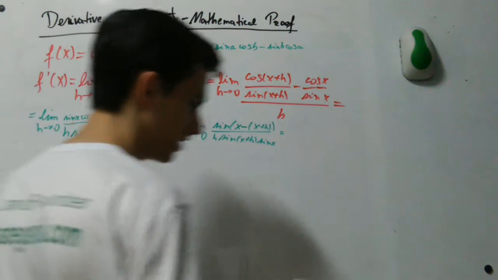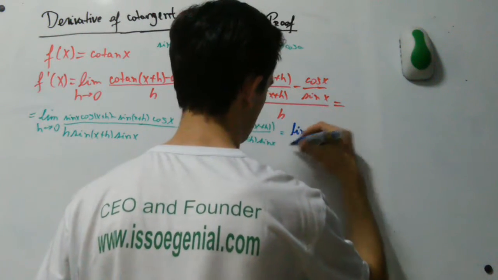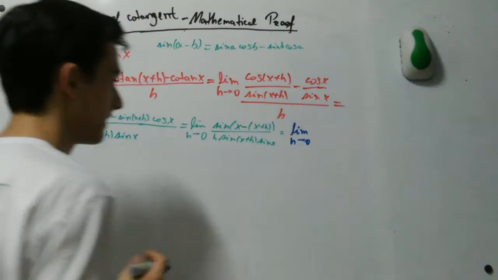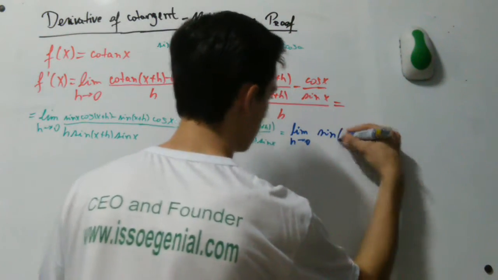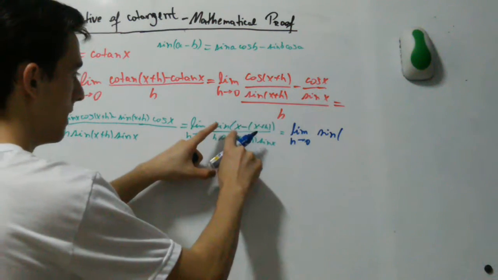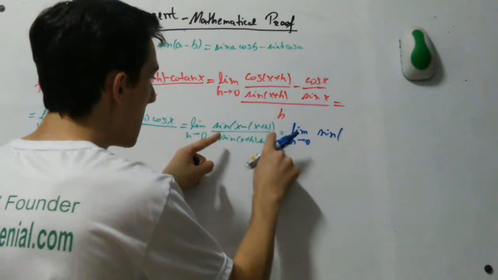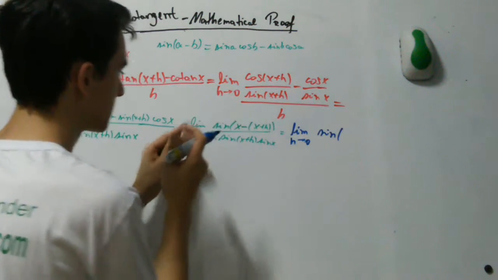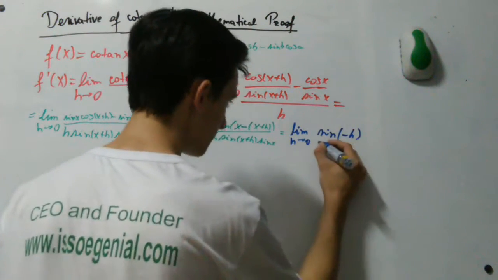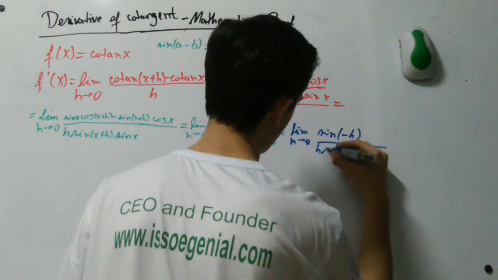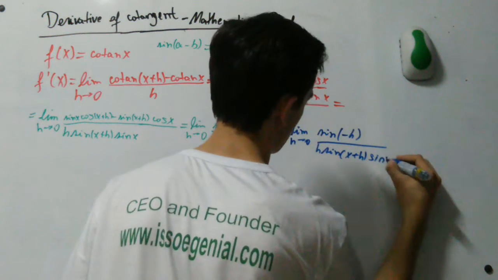This is equal to the limit when h approaches 0 of the sine of x minus x minus h. So x cancels out with negative x, and then we have negative h, and all of this divided by h sine of x plus h times sine of x.